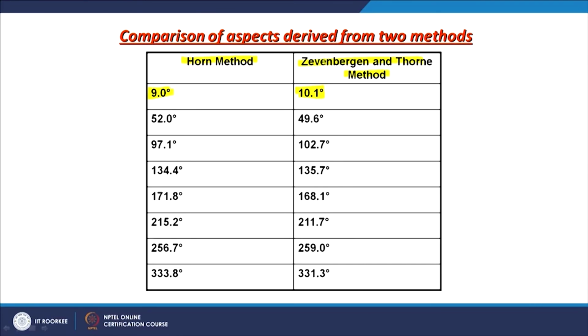So, some variations you can observe, like here in the west or northwest direction, 215 is coming here, it is 211, 256, 259, 333 and 331. In the slope map the variations were much greater as compared to the aspect maps created using the two methods.